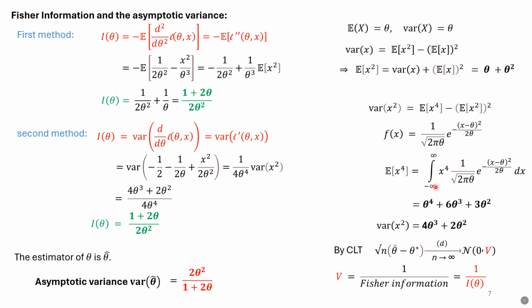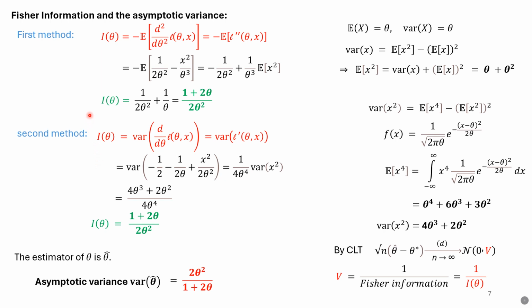You can solve this integral by integration by parts or by using an online integration tool. So now I can replace this variance of x squared with this, and finally Fisher information becomes 1 plus 2 theta over 2 theta squared. So I get the same result as here.